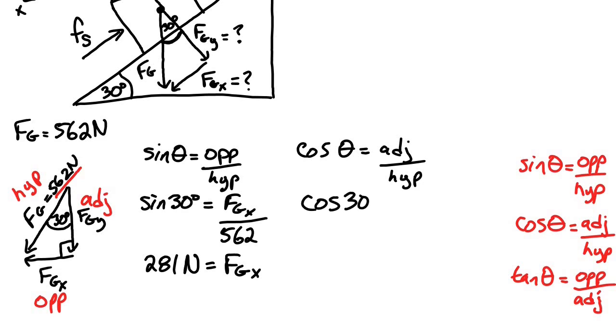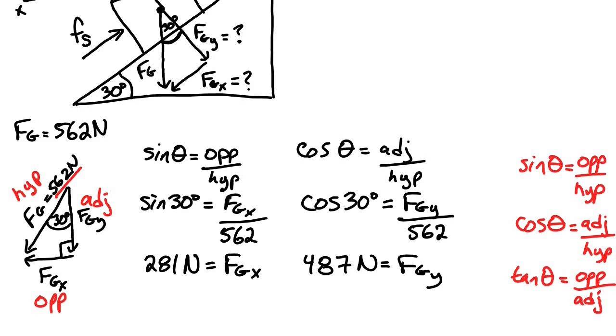So cosine of 30 degrees is equal to our adjacent over our hypotenuse. Once again, we multiply 562 to both sides of the equation. So 562 times the cosine of 30 degrees will give us our answer. And we have 487 newtons.